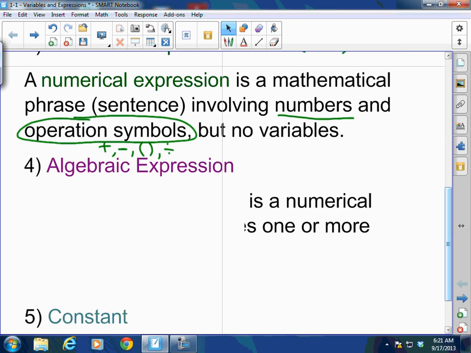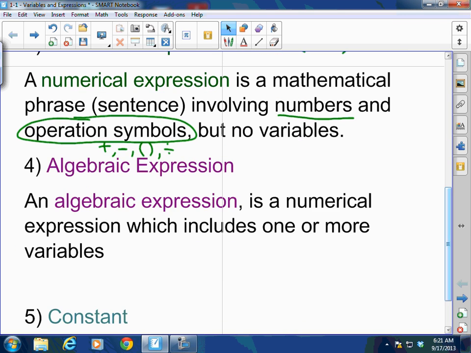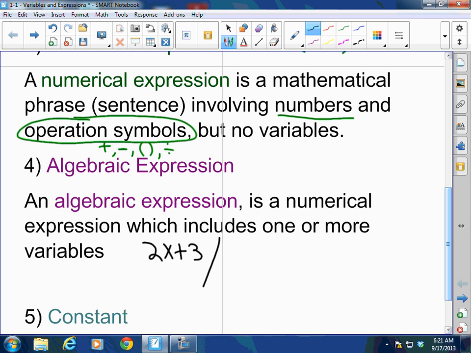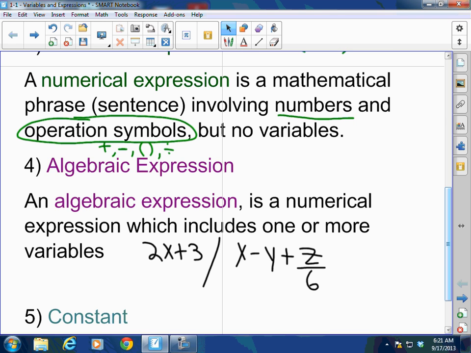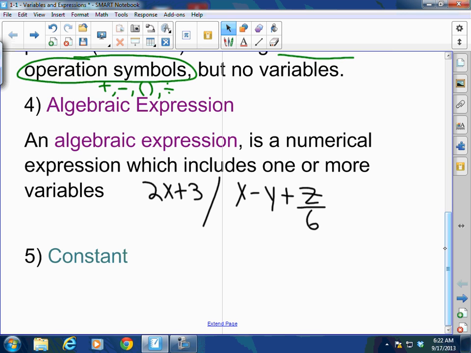Well, an algebraic expression is a numerical expression which includes one or more variables. So basically it's the same thing as a numerical expression except you're adding variables. So for example, 2x plus 3, that's an algebraic expression. Or x minus y plus z divided by 6. That's an algebraic expression. A number sentence involving numbers, variables, and operation signs.